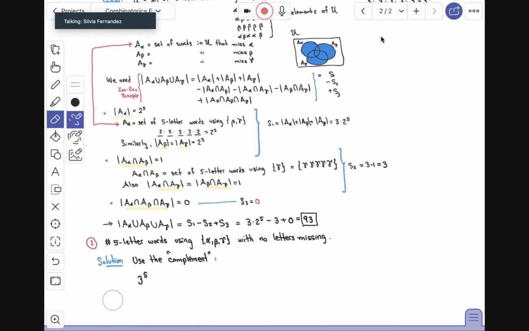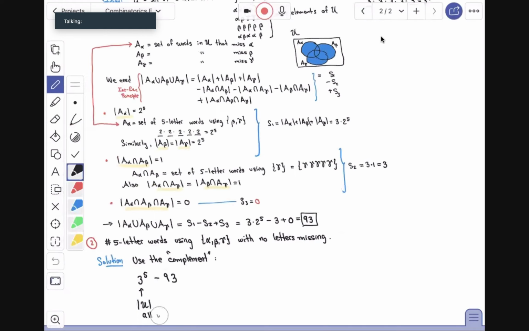So I'm just going to write 3 to the 5th minus 93, right? This one is just the cardinality of U, all the words, no restrictions, minus the 93, which is the solution to the previous problem.